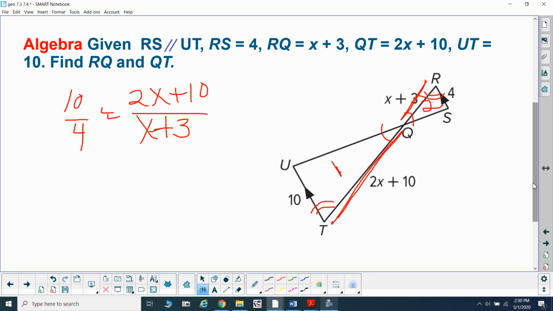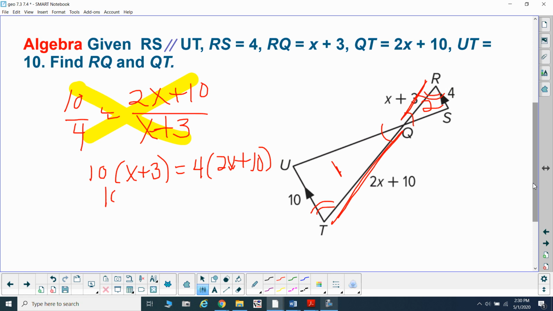And again, we have cross products that should be congruent. So I will take all of the 10 times that x plus 3 and set it equal to that 4 times 2x plus 10. If I distribute, 10x plus 30 equals 8x plus 40.